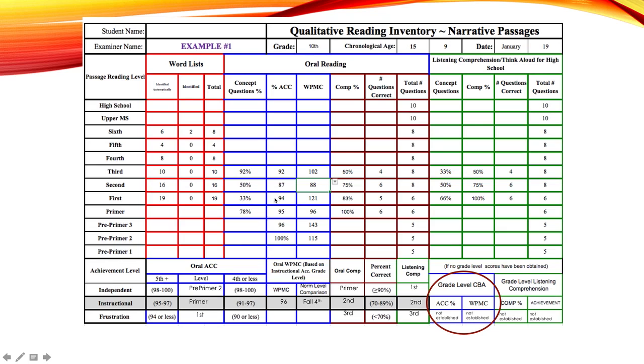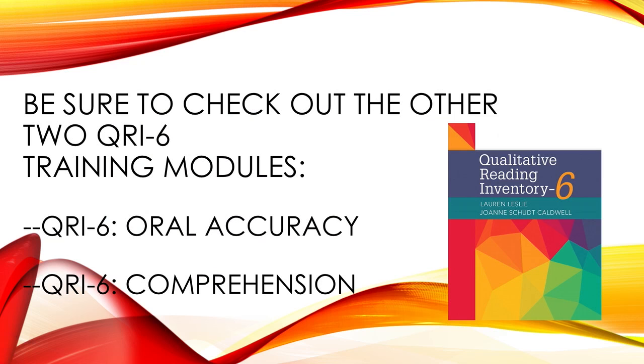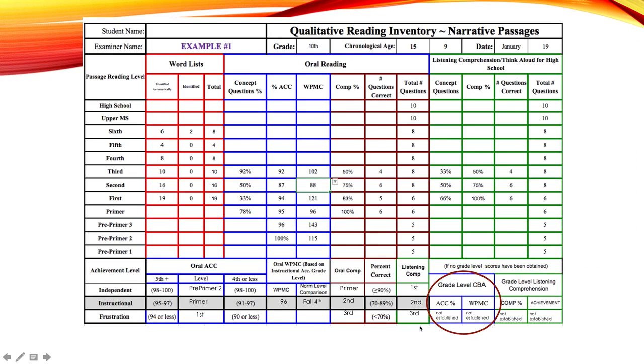I don't think it really serves a useful purpose to make him read a 1-minute timed high school reading since he's frustration at fourth grade. So if I choose in my professional opinion not to administer it, that is where I am going to put not established here. And then in my report, I would explain why I didn't administer those.